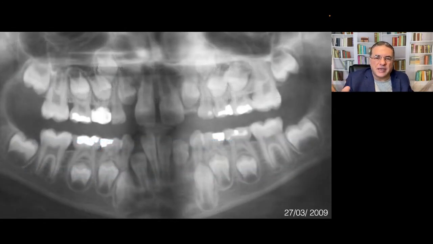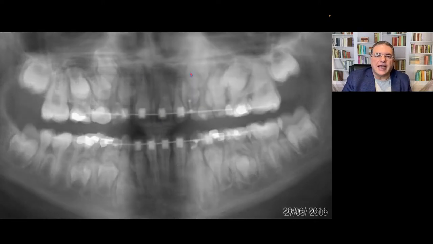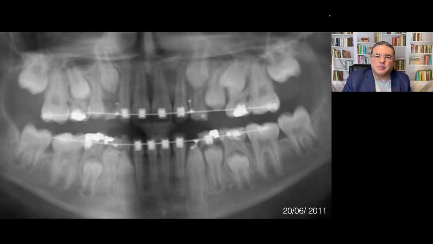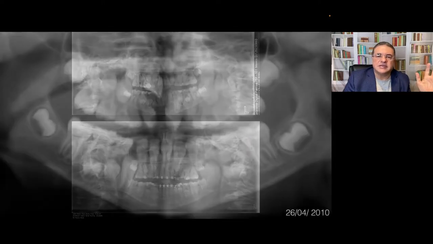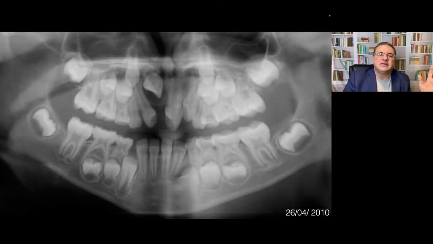I'm going to show you some cases. Look at this case with the apex totally open. We place brackets and look at the root development. It's completely normal. Here we see the differences. Another case with an impacted central. Look at the apex of the other central incisors.